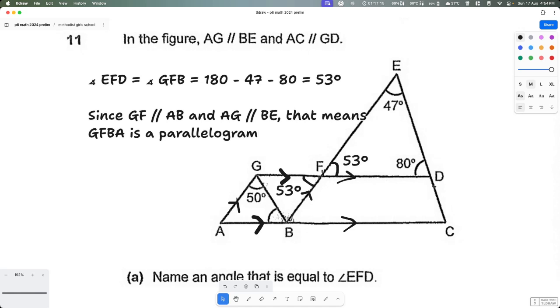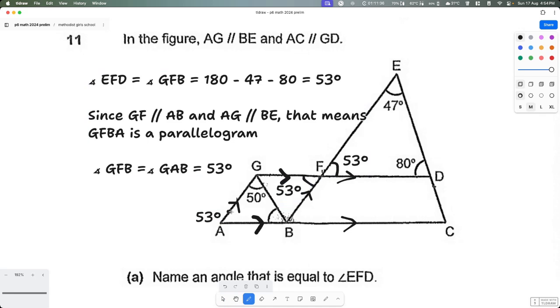So that means angle GFB is equal to angle GAB, which is also 53 degrees over here. So 53 degrees is also here as well.